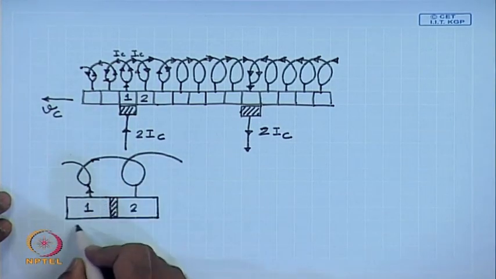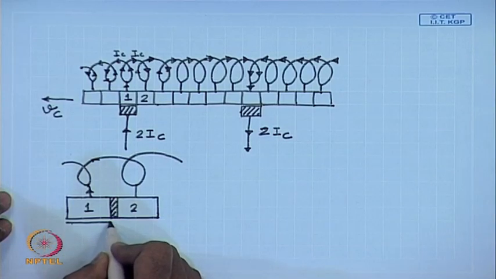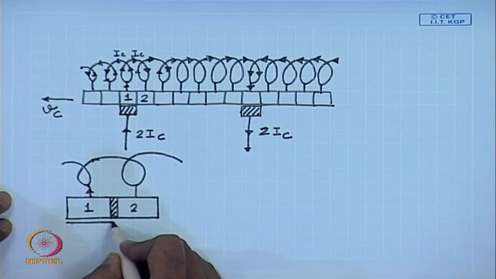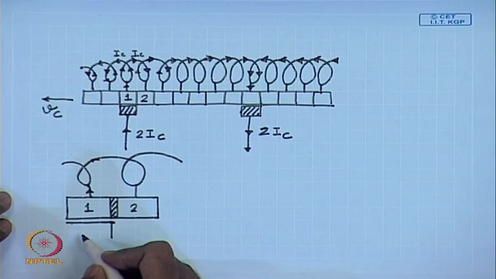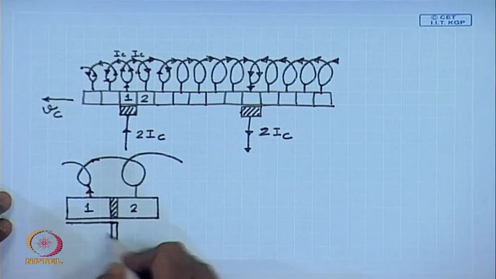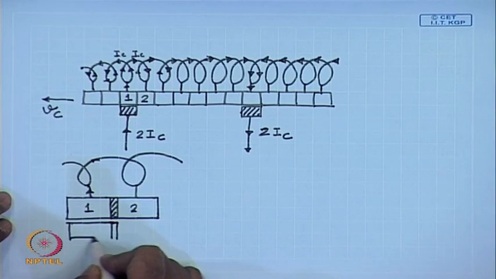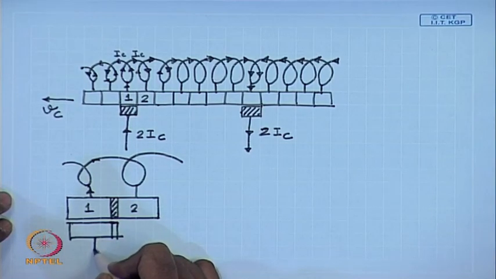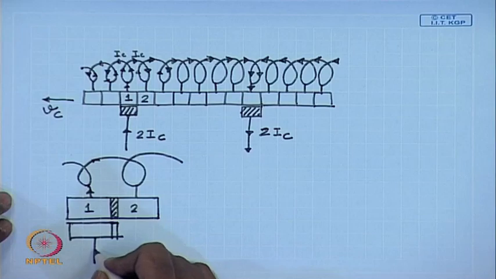Current is entering into the commutator through the brush.